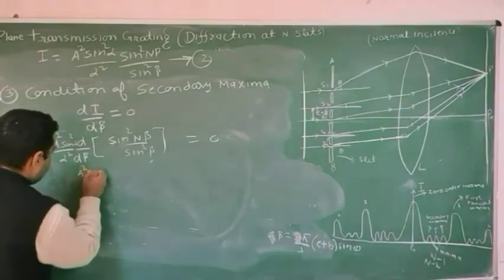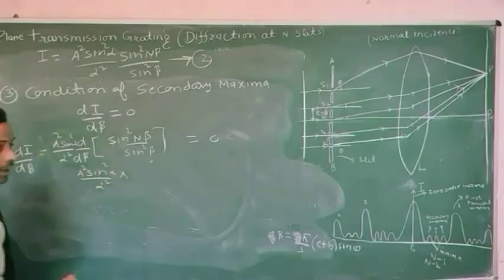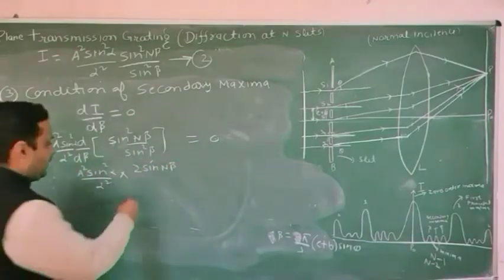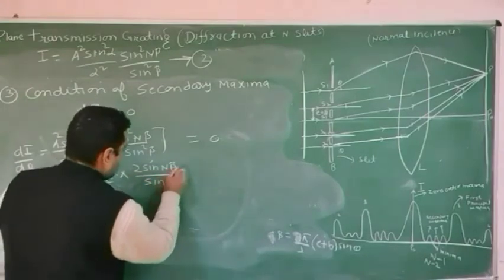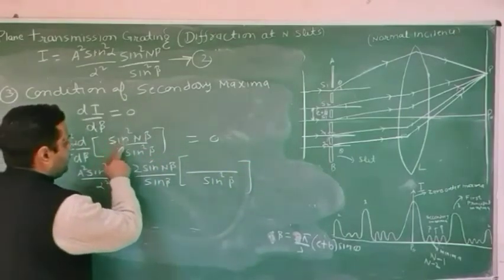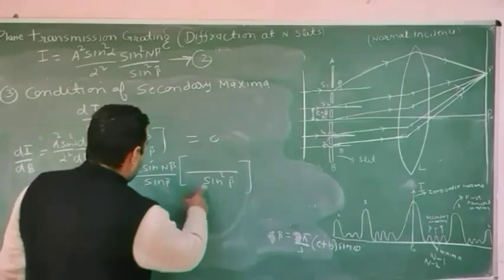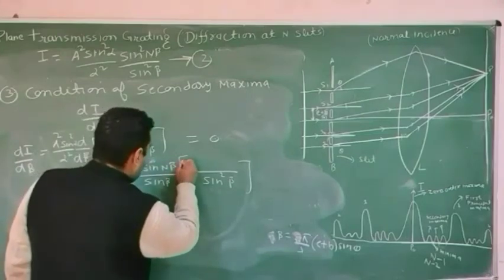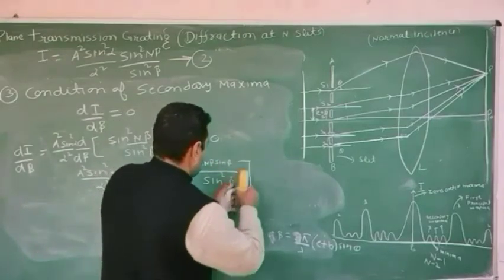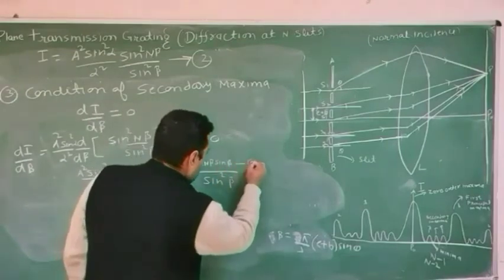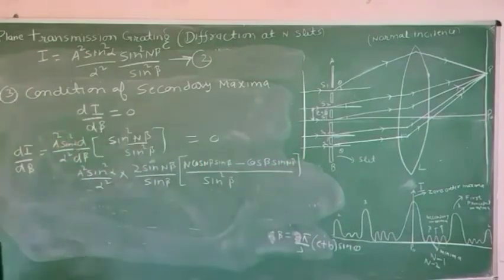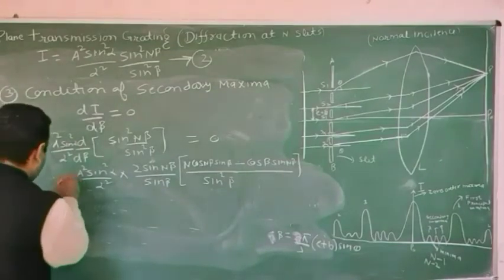That is a square sin square α upon α square multiplied by 2 sin nβ, n cos nβ sin β minus cos β sin nβ, upon sin cube β, by differentiating it.